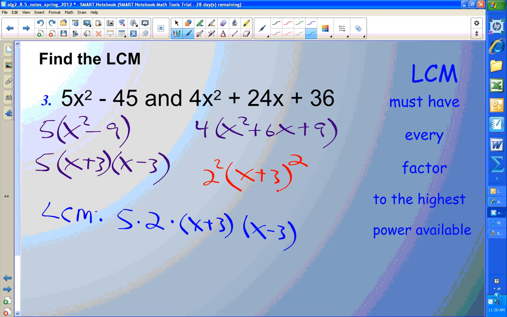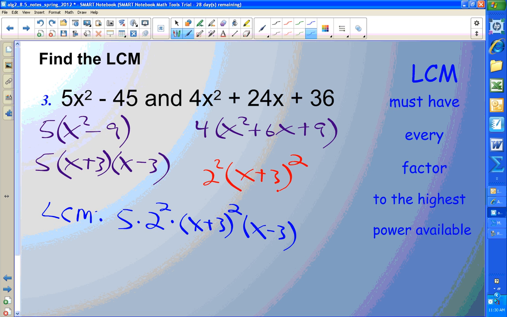Those are the factors that have to appear in the LCM. Now, do any of them get powers? Well, we want the highest power available for each factor. For the 5, it's a 1. For the 2, it's 2 squared. For x plus 3, it's the highest power that you see written on the board for the factor. Squared.